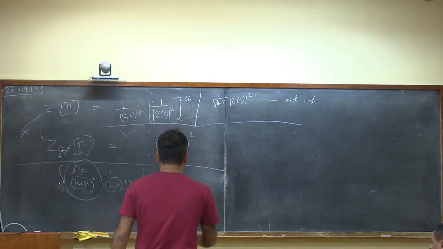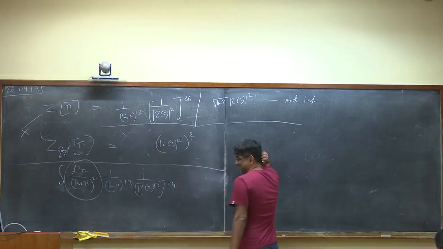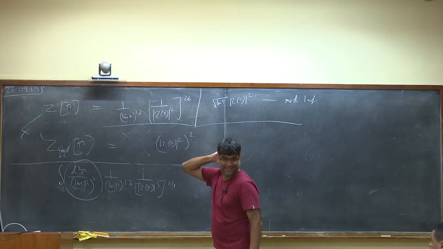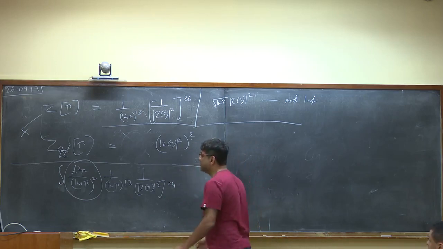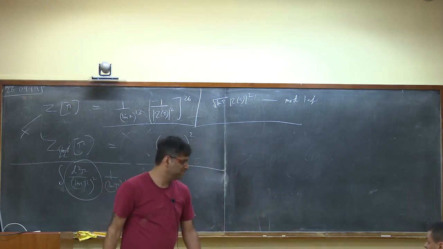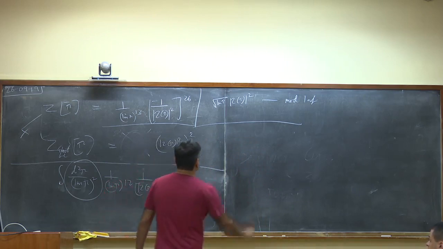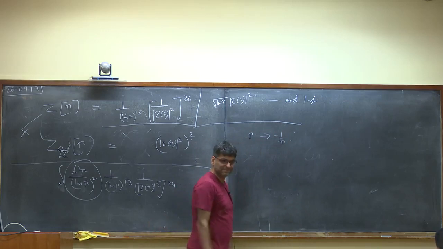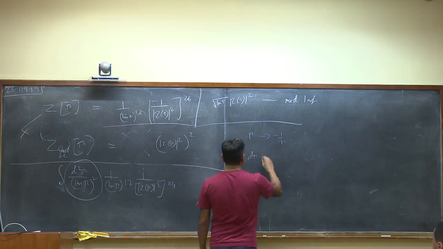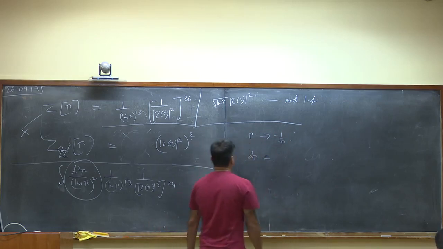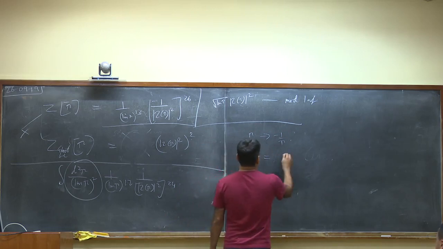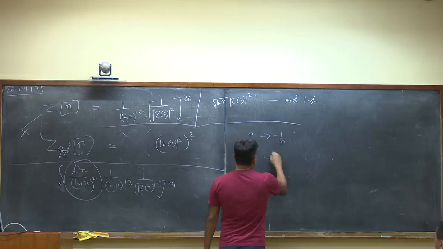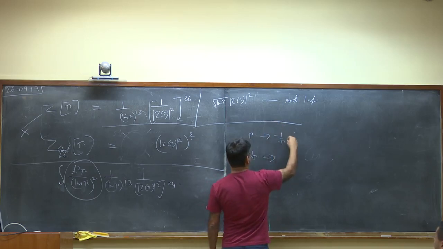Okay, so let's check that. For instance, under tau goes to minus 1 by tau. Let's do it properly.